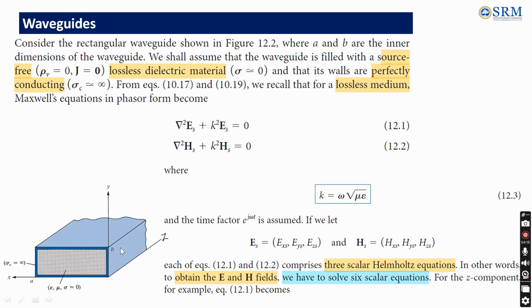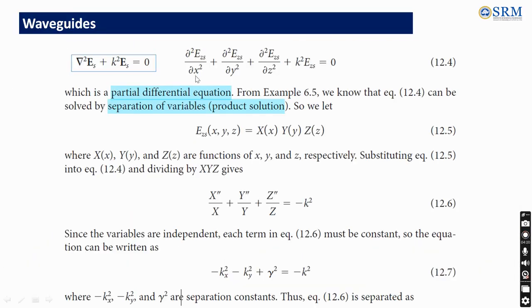Since the wave is propagating along the z direction, we are going to consider only the z component and rewrite the first equation. So del square Ezs is written as dou square Ezs by dou x square plus dou square Ezs by dou y square plus dou square Ezs by dou z square plus k square Ezs is equal to 0.